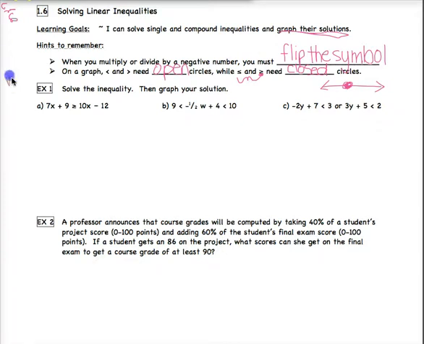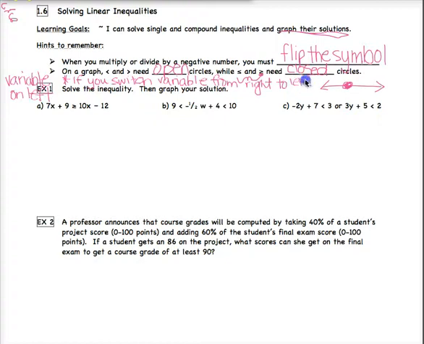So we want the variable on the left, and in fact that makes me remember that I should probably write down one more hint, and that is that if you have to switch the variable from right to left, so if you accidentally get it on the right side instead of the left side, you have to flip the symbol, which is why we prefer to just get it to the left side so we don't have to worry about that.